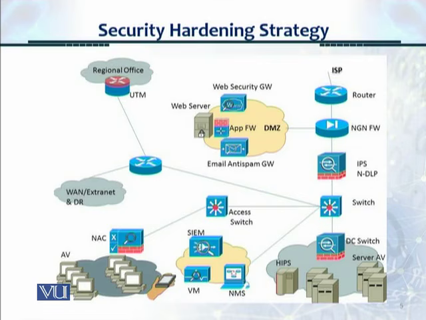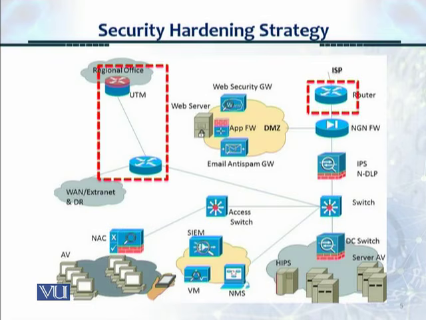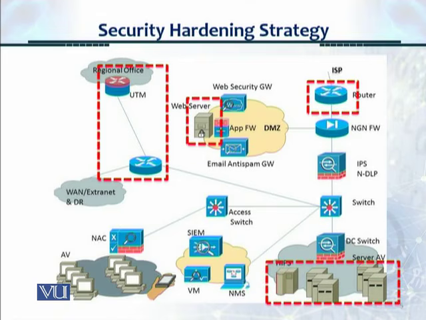So let's look at the sequence now in this diagram. What we could do with this organization is, first we can do the routers and the UTM devices because these are edge devices. Then we could go to the servers because they're obviously very important. They have critical data, the server in the DMZ and the server in the data center. Then we could move to the firewalls, which is at the edge and is implementing certain policies in the form of access control, in terms of access lists, for example.